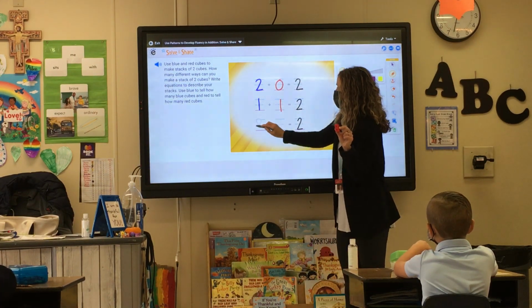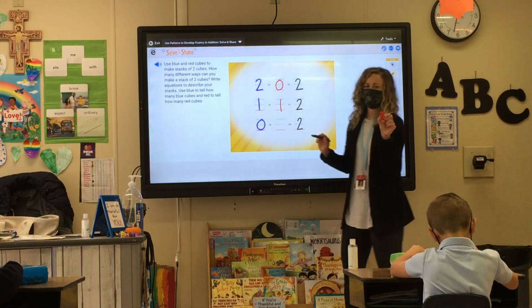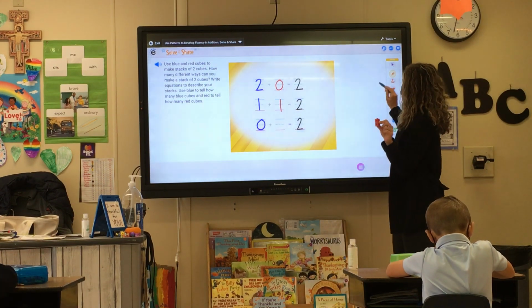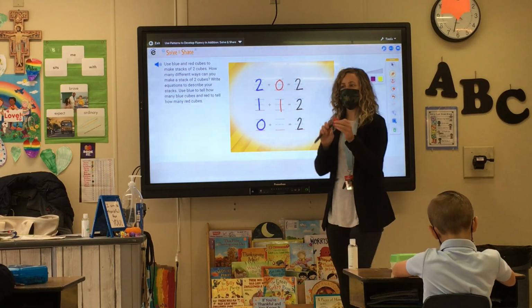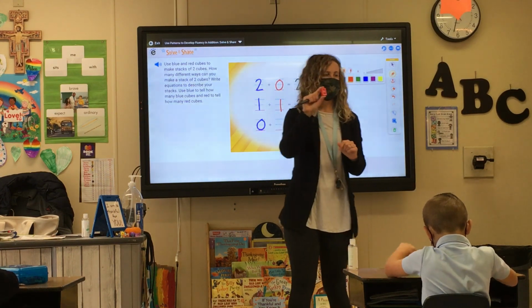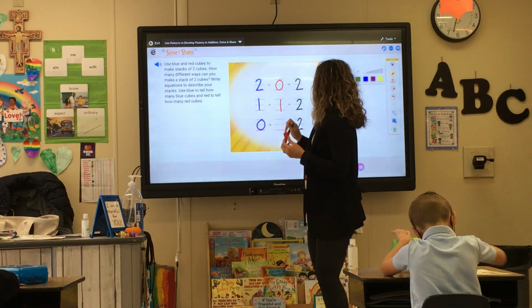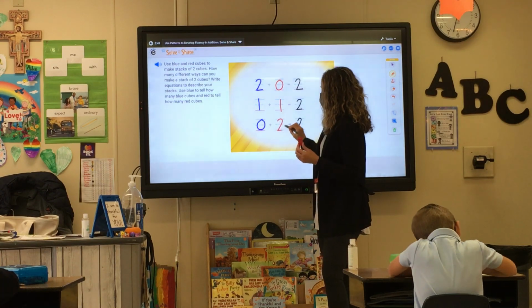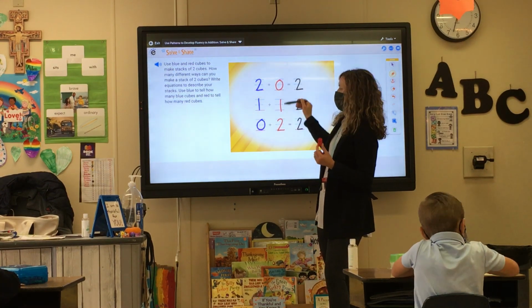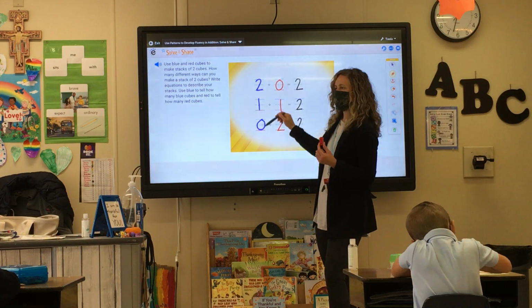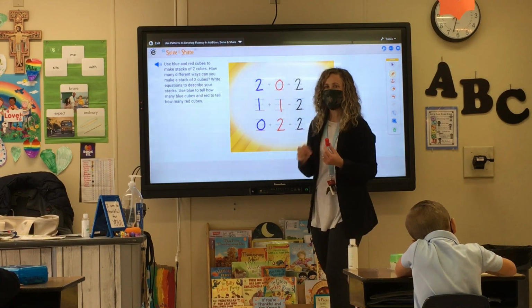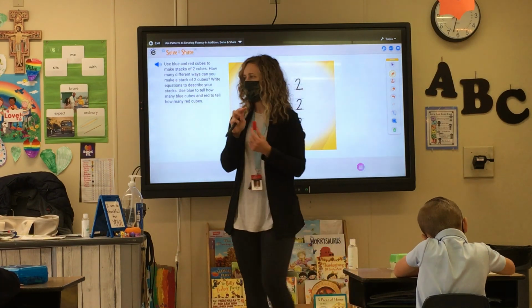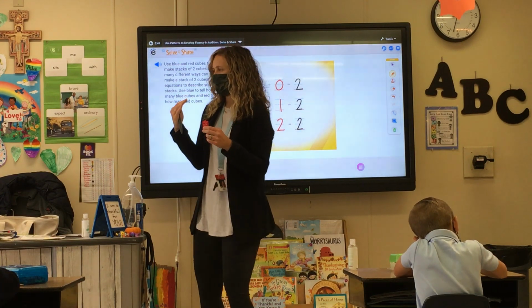So I'm going to have 0 blue plus, how many are red, Riley? 2. So see how that went up? I went 0, 1, 2, 2, 1, 0. I used the same 3 numbers, but we just switched them.